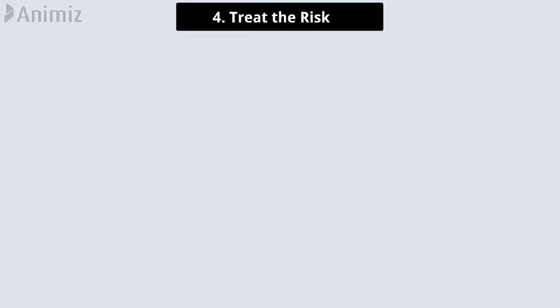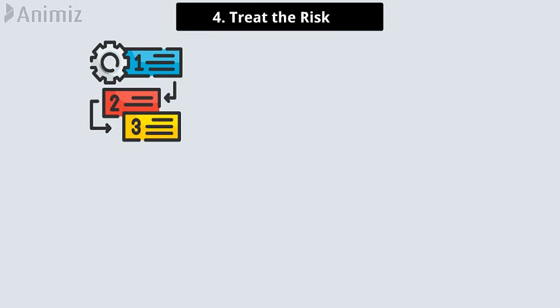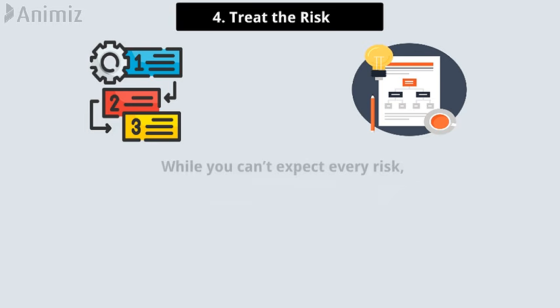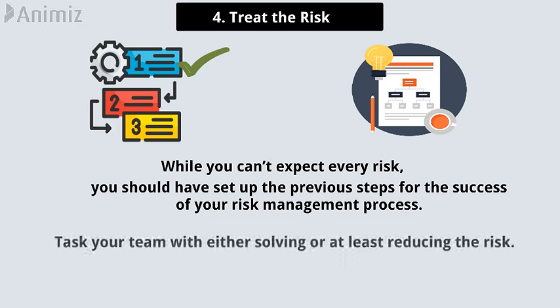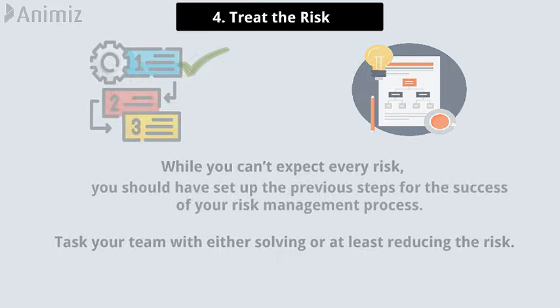4. Treat the risk. After prioritizing the risks, develop your treatment plan. While you can't expect every risk, you should have set up the previous steps for the success of your risk management process. Starting with the highest priority risk first, task your team with either solving or at least reducing the risk so that it's no longer a risk to the project.